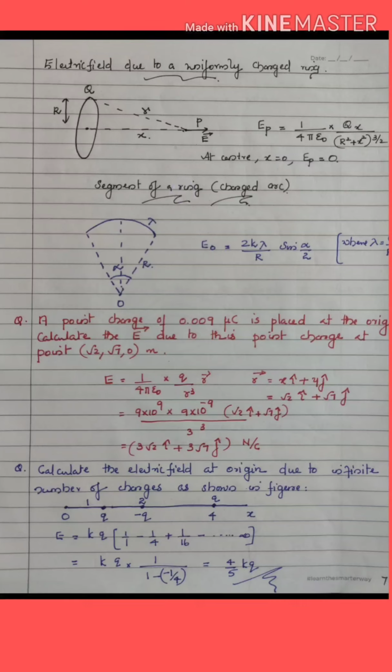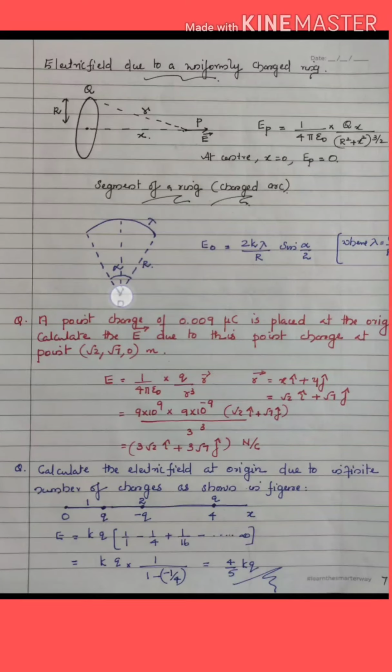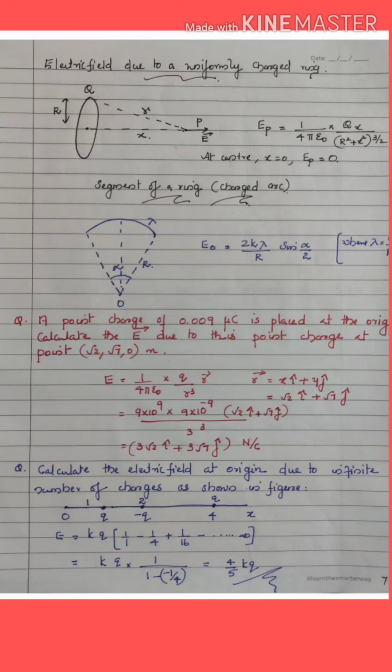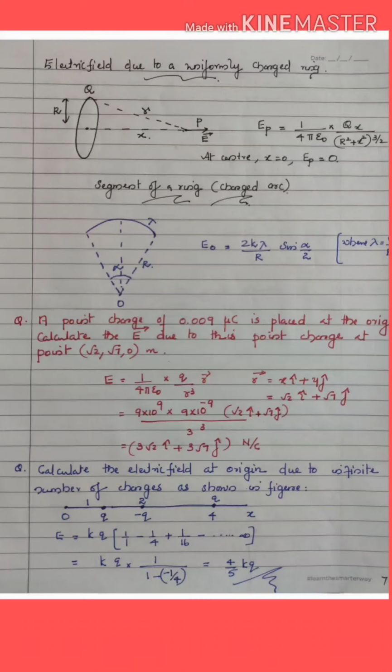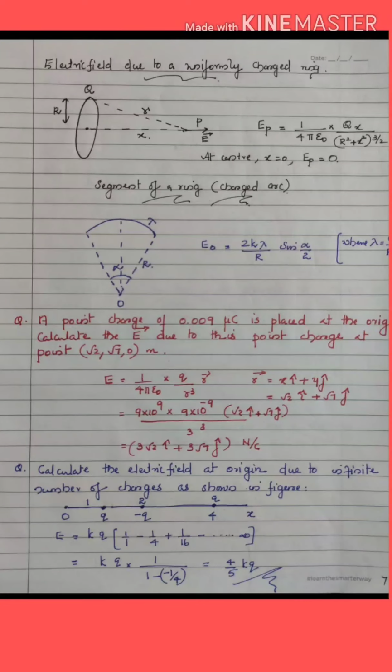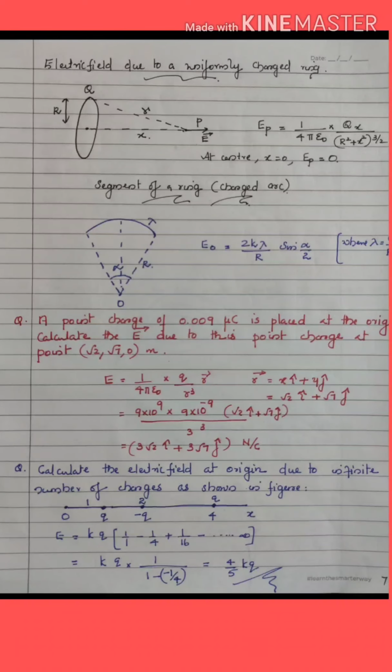See another contribution: a segment with a linear density lambda. What is the electric field at the center if that arc makes an angle alpha with respect to the center? With the simple formula 2k lambda by r sin alpha by 2, where lambda is the linear density and k is 1 by 4 pi epsilon 0.